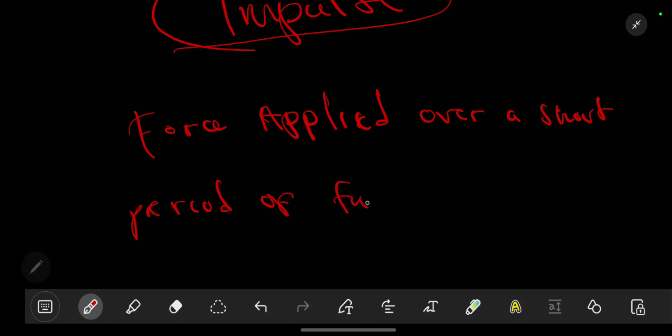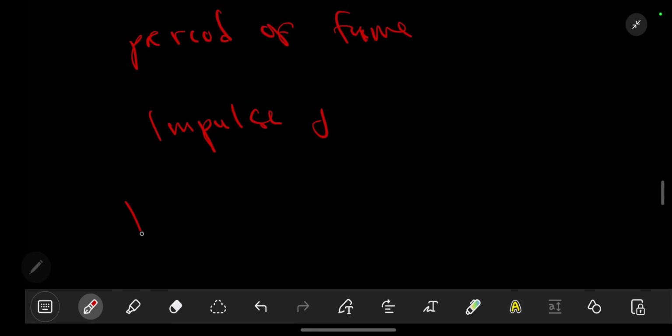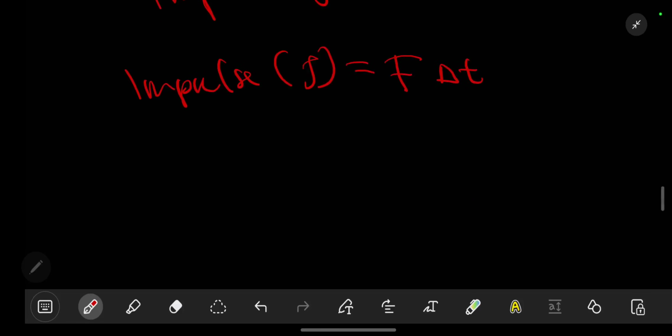Impulse has the symbol J, but depending on your lecturer, you can just write the full word. So impulse is equal to the force applied times the change in time, like that. That is basically what impulse is in terms of net force.